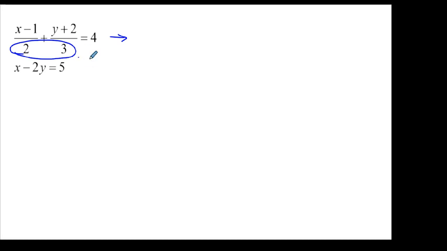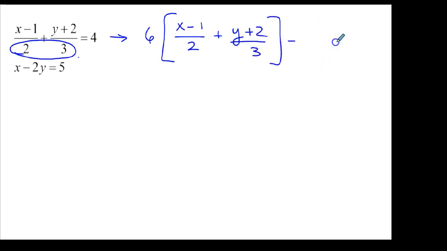In other words, find the least common denominator of 2 and 3 and multiply the equation by that. Since that would be 6, if I multiply my equation, both sides, by 6, I will have an equation without those silly fractions.